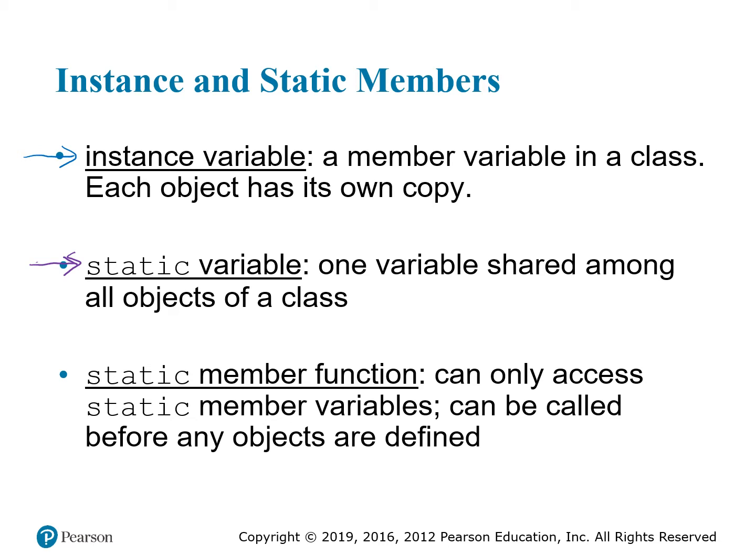So they don't have to just be getter and setter functions. They can do any number of interesting things, but they can only use the static variables because they don't belong to any instance of the class, and so they can't access instance variables.